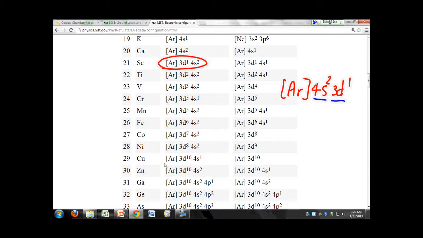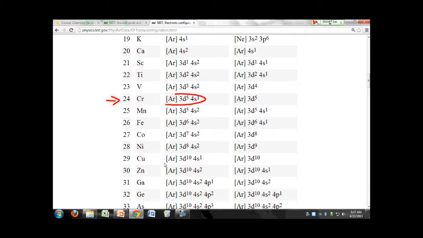Okay, so it's like saying there's 2 people in bedroom number 4, 1 person in bedroom number 3, or there's nothing wrong with saying there's 1 person in bedroom number 3 and 2 people in bedroom number 4. So either way is fine as far as writing electron configuration is concerned. A few things you'll notice here too would be something similar to what you see here for chromium.